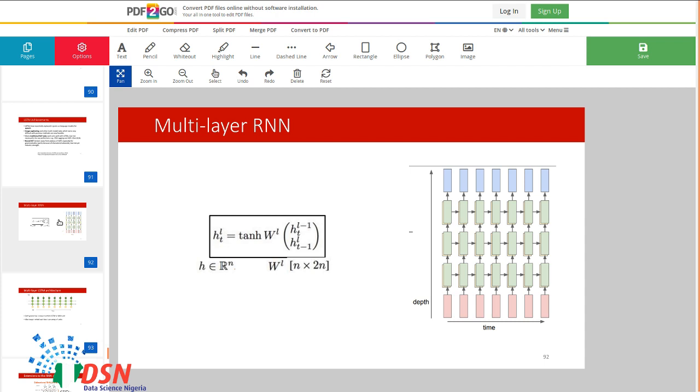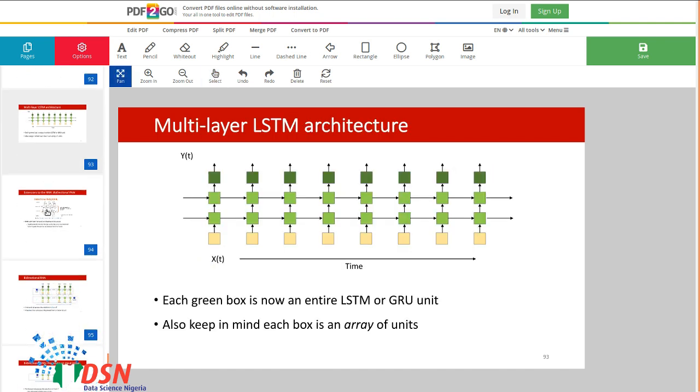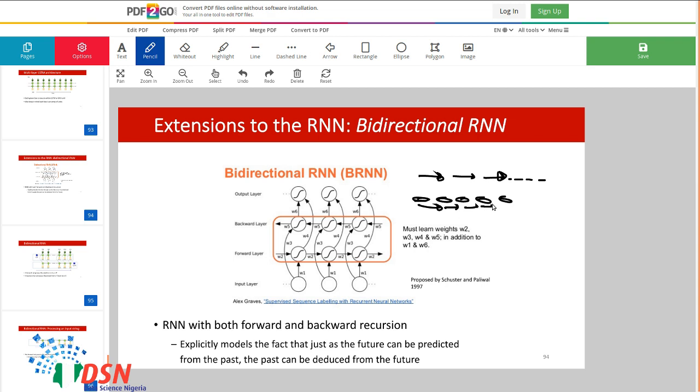And if you remember, we talked about multi-layer RNN. One of the things that I want to talk about is bidirectional RNN. Sometimes we don't have just one direction of relation for the inputs. Let's say we have a sentence: we could have both this kind of relation and this kind of relation.